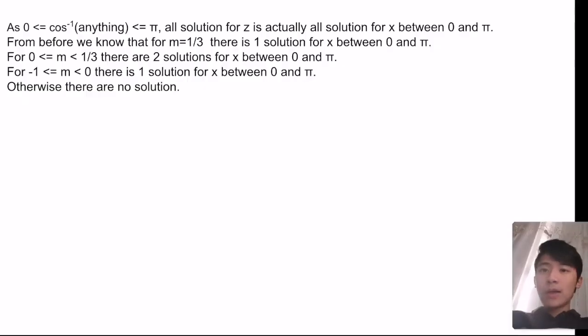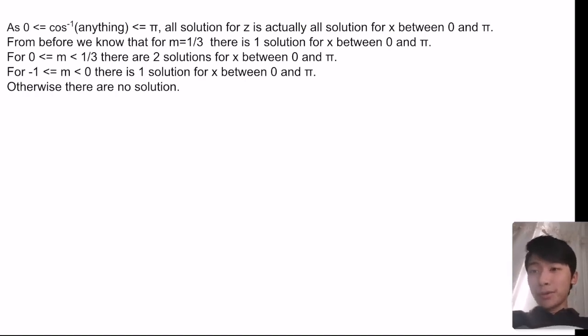So, here is the answer to the question. Right, as inverse cos of anything would be greater or equal to 0 and smaller or equal to pi, all solutions for z are essentially all solutions for x between 0 and pi. So from before, we know that for m equals 1/3, there is one solution for x between 0 and pi.